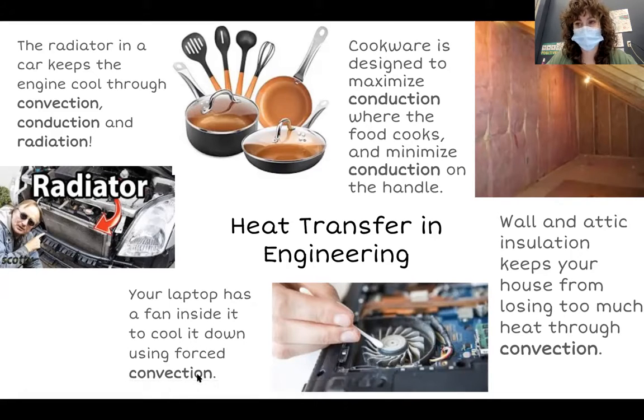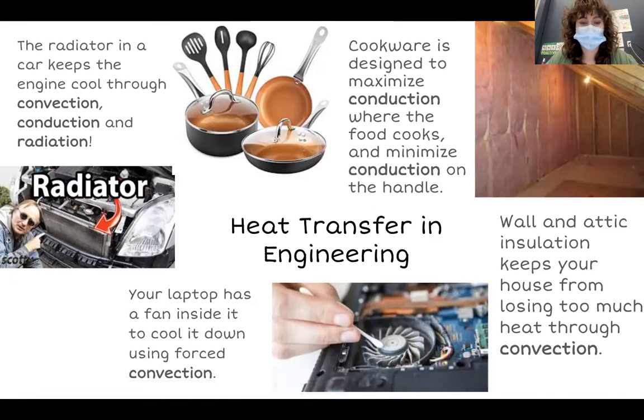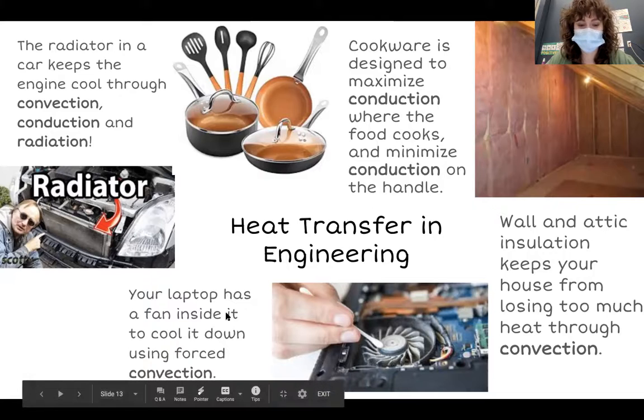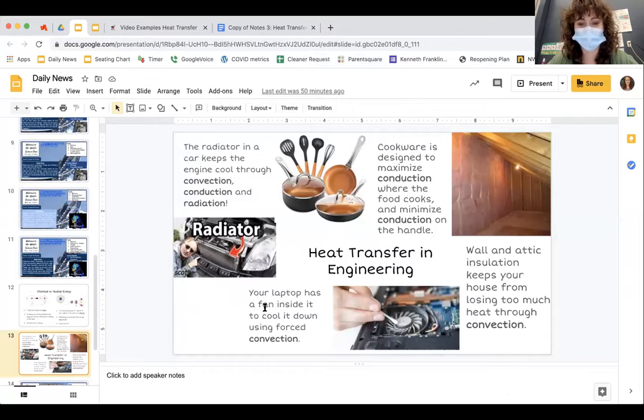So when we use a fan to cool something off, whether it's a ceiling fan or a fan in your laptop, that's what's called forced convection, because it's moving the air instead of just letting it naturally happen. So those are 4 examples of each type. And if you have any of these in your house, you can explain that to me in a little video.